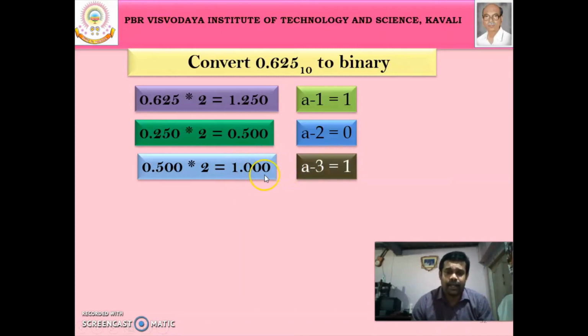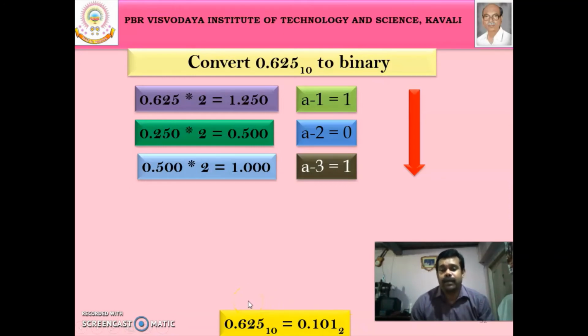Since the fractional part is 0, we stop at this point. Now we write in this order from A1 to A3. The answer is 0.625 to the base 10 is equal to 0.101 to the base 2. So we have converted the fraction 0.625 to the base 10 to binary.